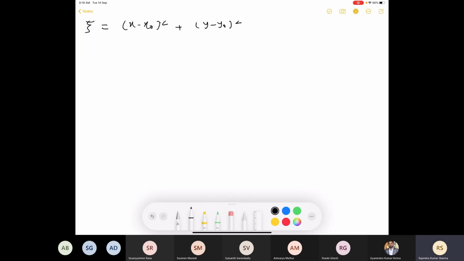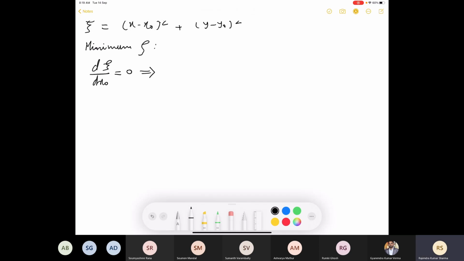Now for minimum, this you can see is a function which is a continuous function, and therefore you can minimize this. The minimum of xi can be obtained by doing d xi by d x naught as 0.